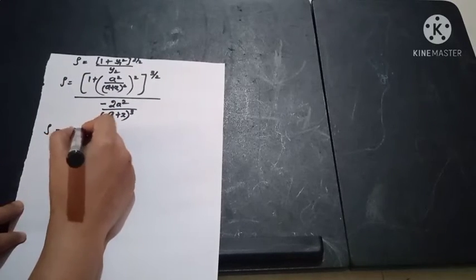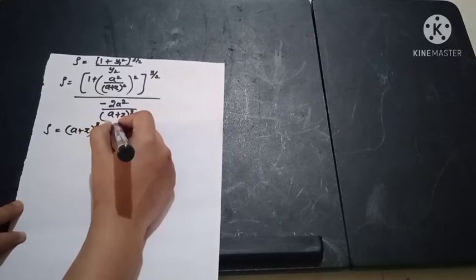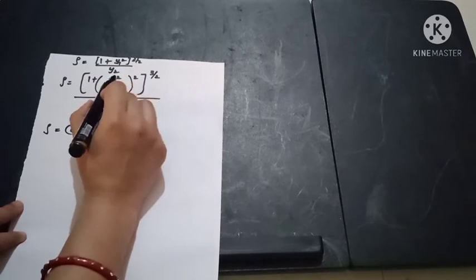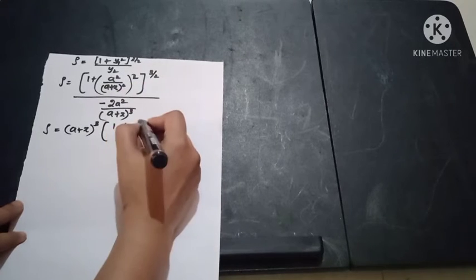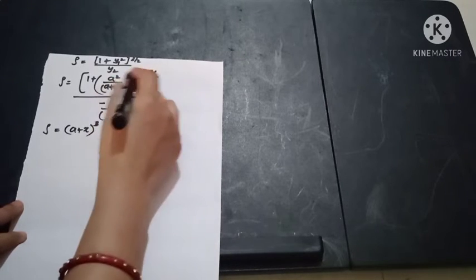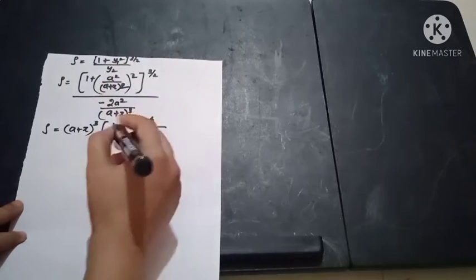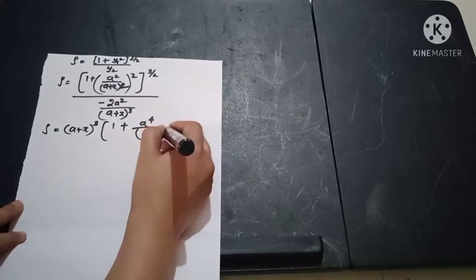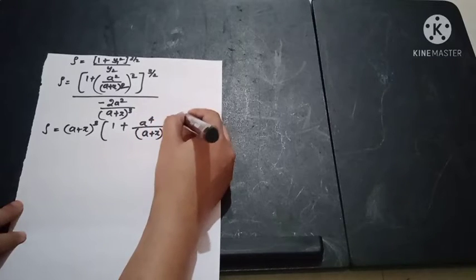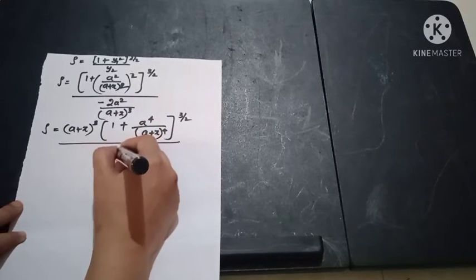So a plus x whole cube into 1 plus, we'll reduce this power and multiply, that is a to the power of 4 upon a plus x whole to the power of 4, whole to the power of 3 by 2, upon minus 2a square.